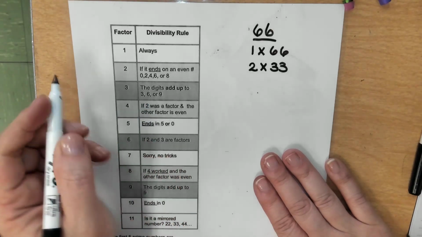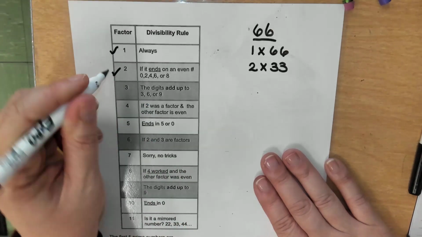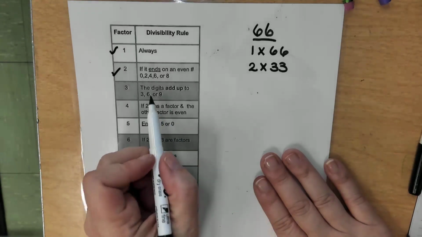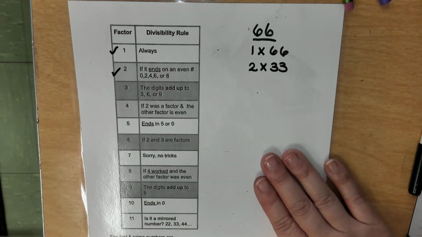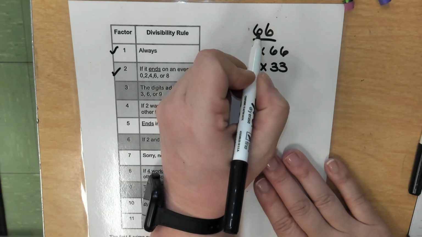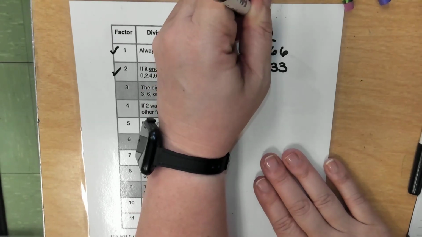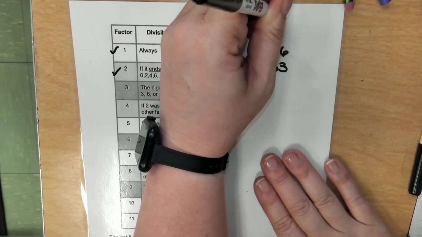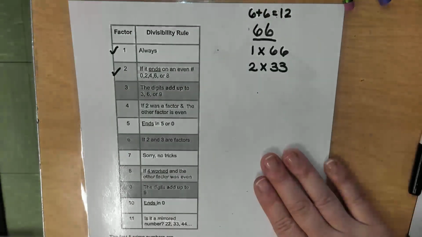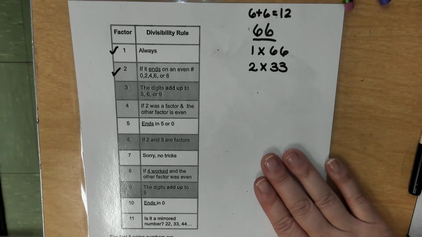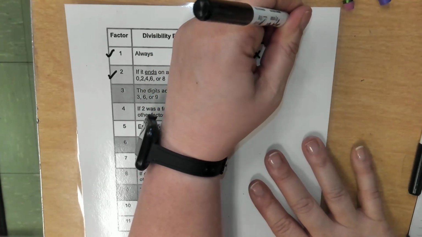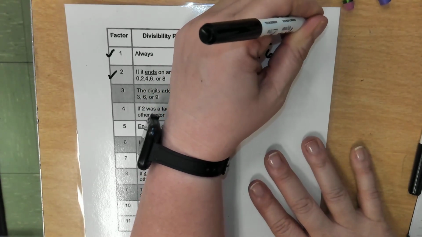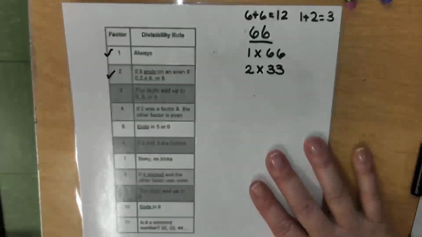Next, you're going to see if 3 will work. The digits add up to 3, 6, or 9. The digits here are 6 and 6. 6 plus 6 makes 12. Oh, 12 is more than 9. It's a 2-digit number, so I should add those together. 1 plus 2 equals 3.